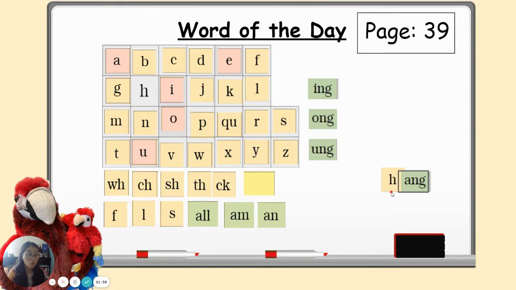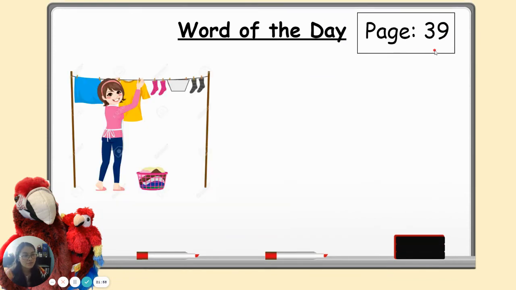Let's see the letter names of the whole word. H-A-N-G. Hang. Now, do we need to mark our word? Yes, we do. We put a box around it. And what's our glued sound? Ang. Wonderful. And also, get your student notebook ready because on page 39, you're going to be writing this in your student notebook.